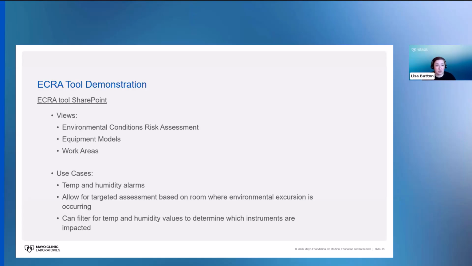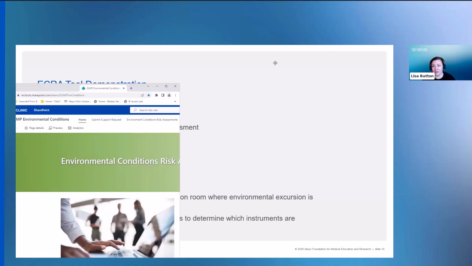We had considered just doing a simple Excel spreadsheet type document that each lab would just maintain on their own, and everything would kind of be separate and not viewable to each other's labs. As we dove into it a little bit more, we found that there would be a benefit from having it on this SharePoint so that more people have more eyes on what's going on within each lab. So that is how we ended up with this document.